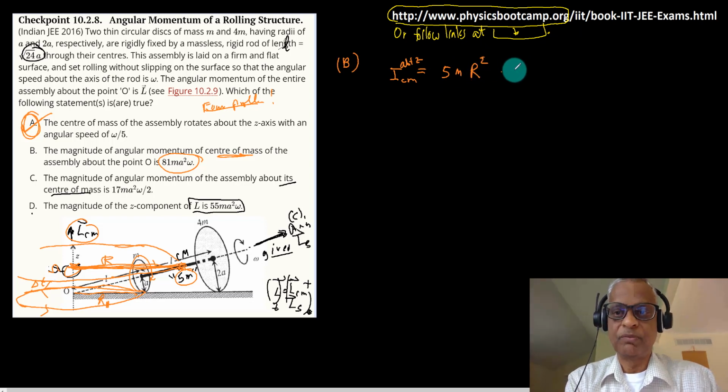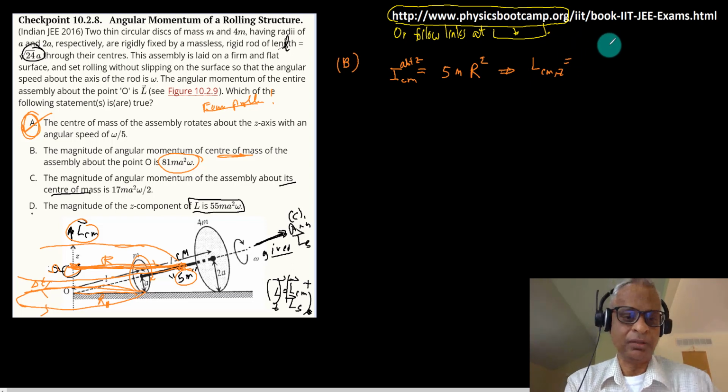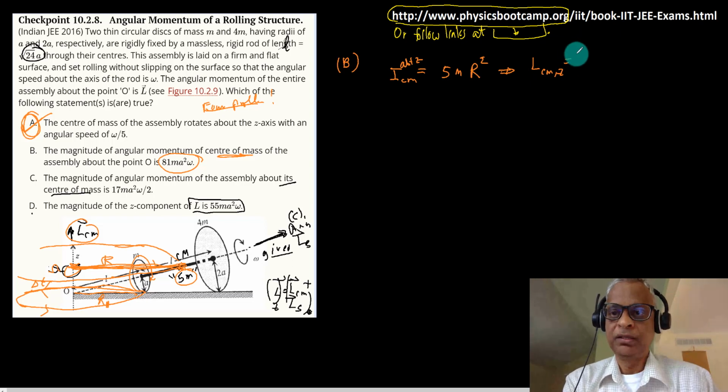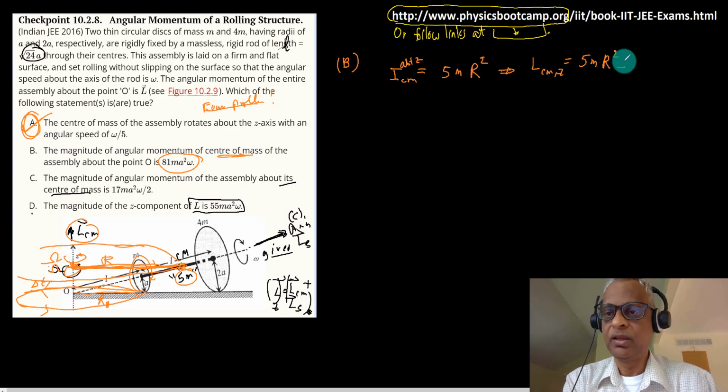So that will mean L CM z component is 5m R squared, and it's going with capital omega at this rotation, so times capital omega, and capital omega is 1/5 of this.